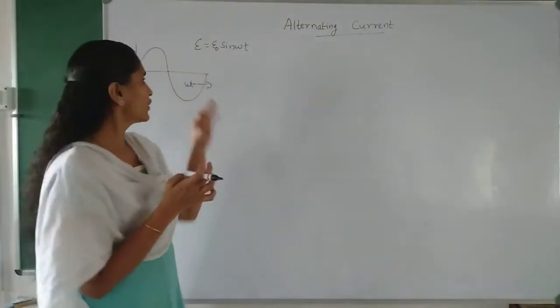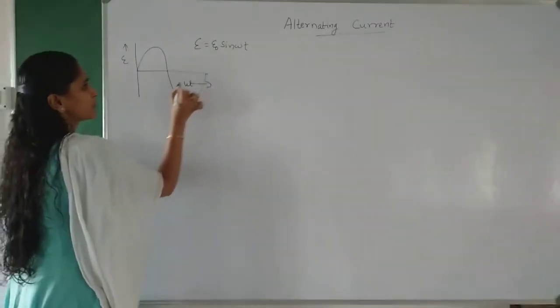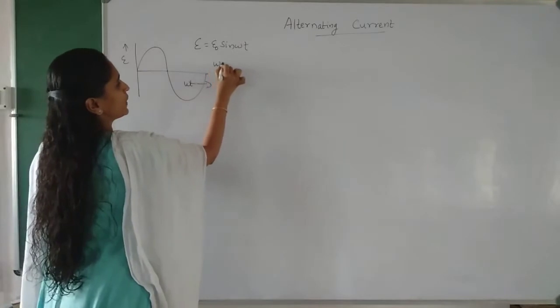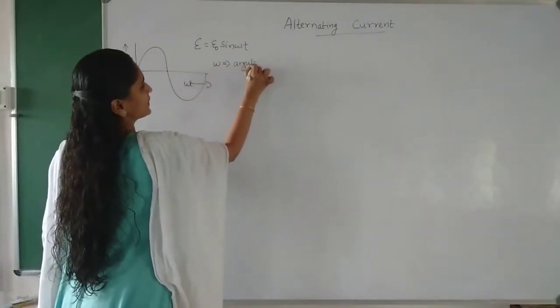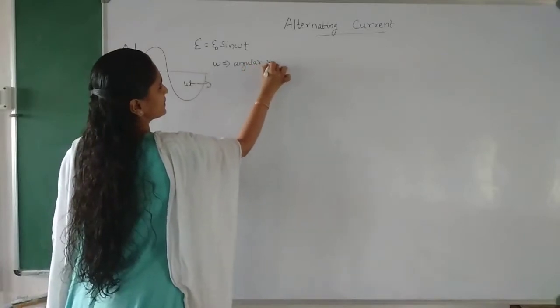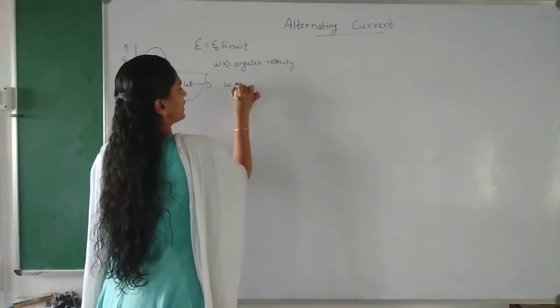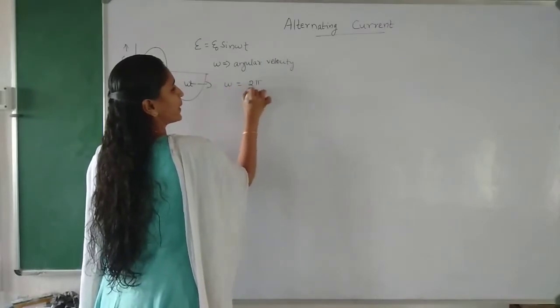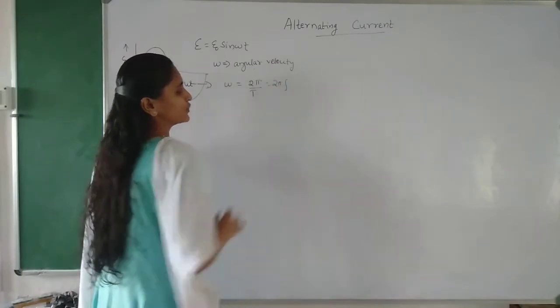So already you know that here omega is the angular velocity, and it is related to the time period as omega is equal to 2 pi by T, or we can write it as 2 pi f.